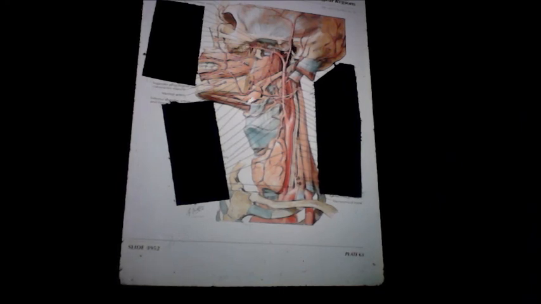It's also nice when you can see up underneath the chin, the submental part of the lingual, which then radiates up into the tongue, and then the facial, which crosses over the mandible, with labial branches and angular branches, all vascularizing the face. The labials are the ones you're more interested in.